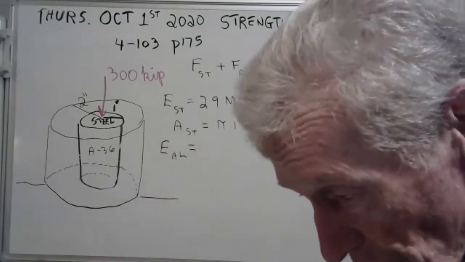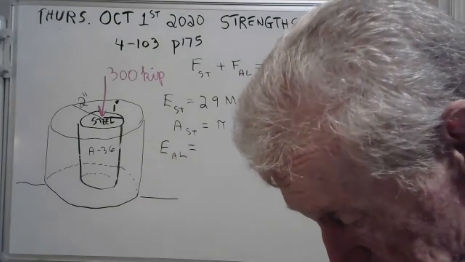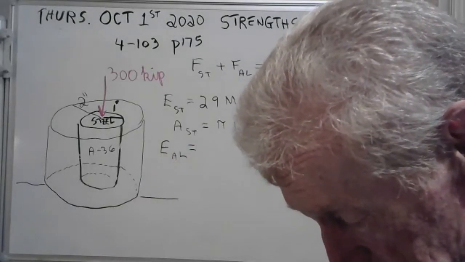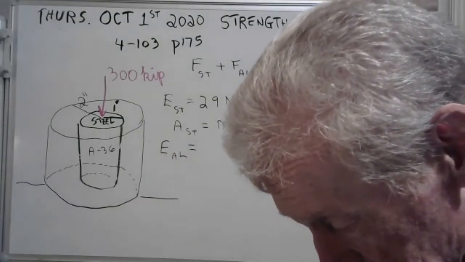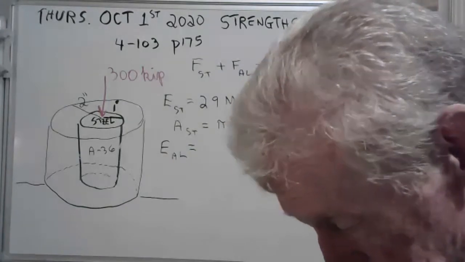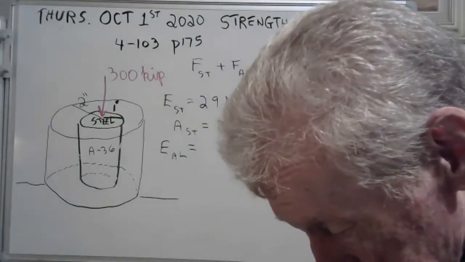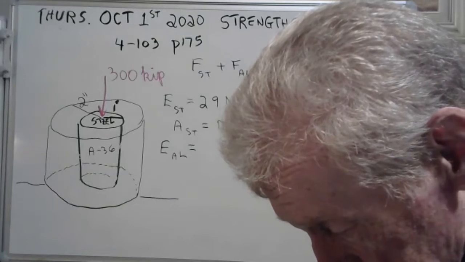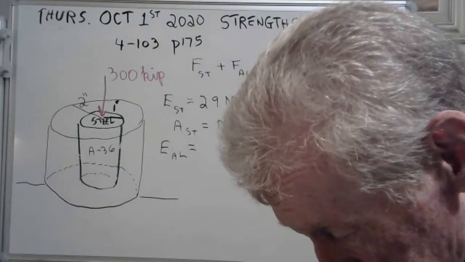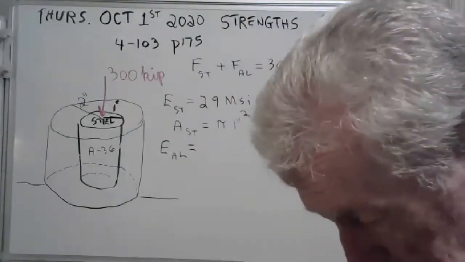Hey, Darren, can you find the modulus of elasticity for aluminum with the US customary units? I was literally just looking at it. I put my book down for a second. 10,000, or I'm sorry, 10,600 KSI.